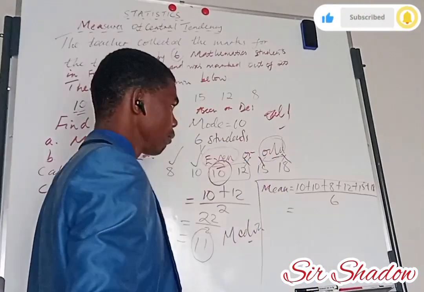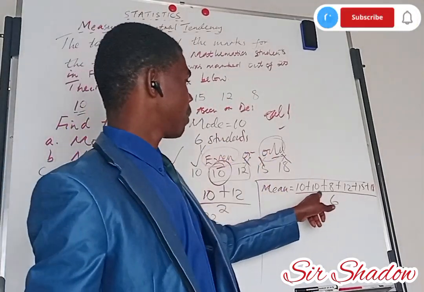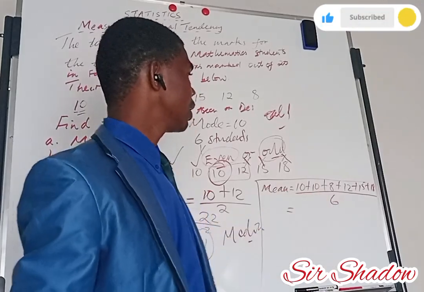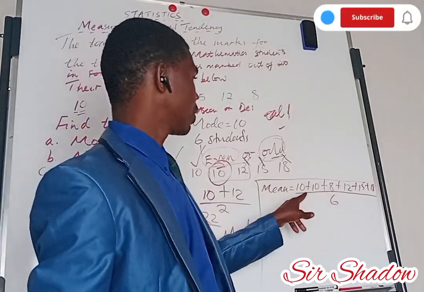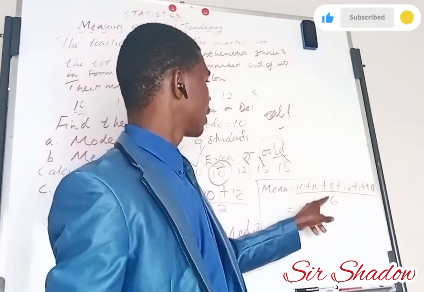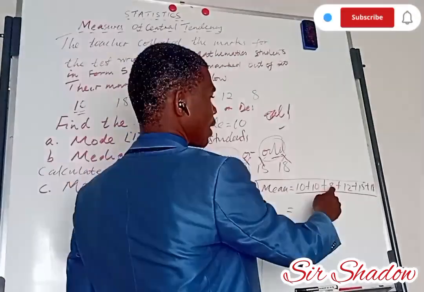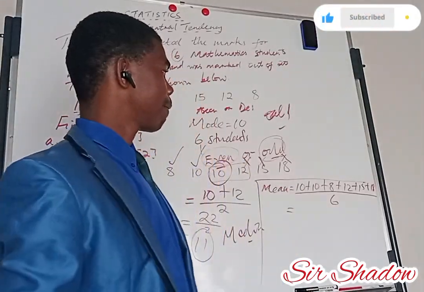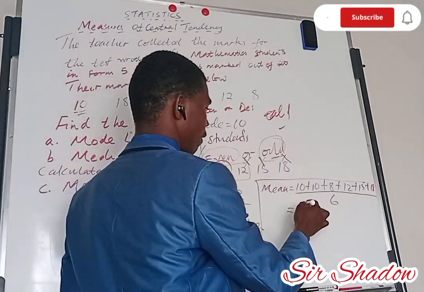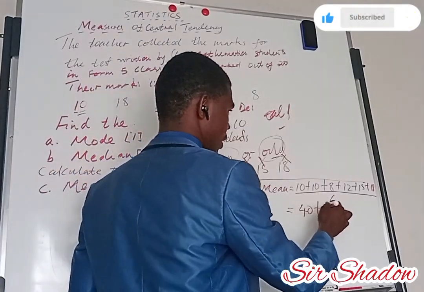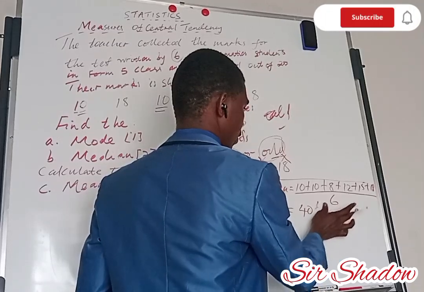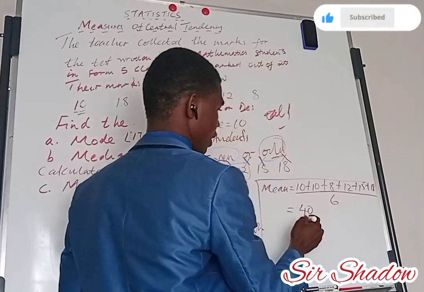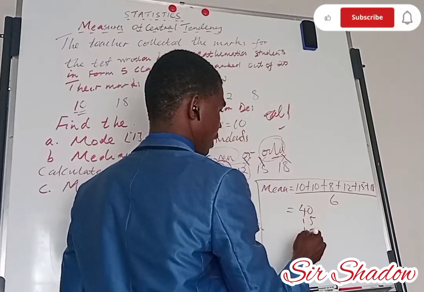Then 10 plus 10 is 20. Then 12 plus 8 is 20. Now we have 40. Then 40 plus 15 plus 18.